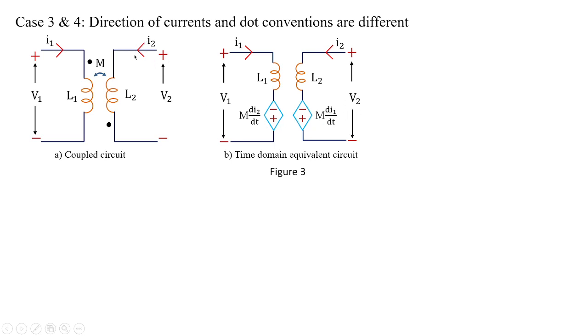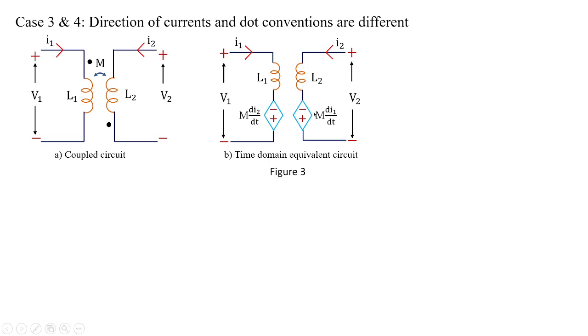The same thing follows for the secondary of the circuit. Current I2 is flowing from top to bottom, whereas the dot convention is opposite. So naturally, the directions of these two are opposite to each other, whereas for the differential current obtained in the primary of the circuit, that mutual value is quite opposite to I2.